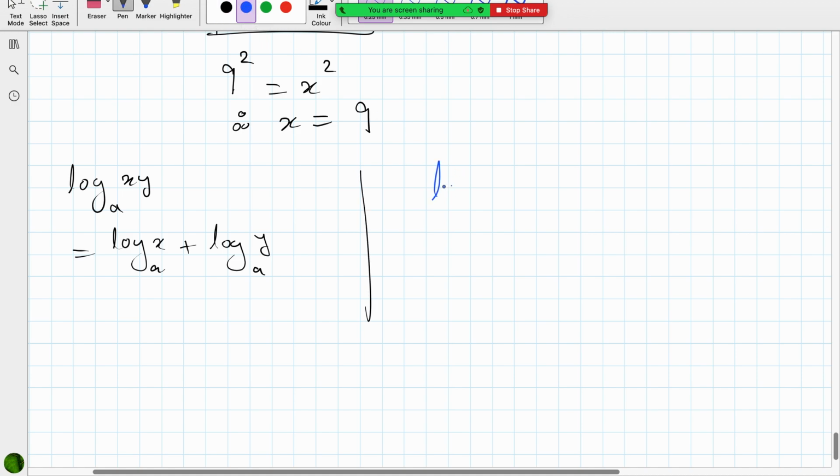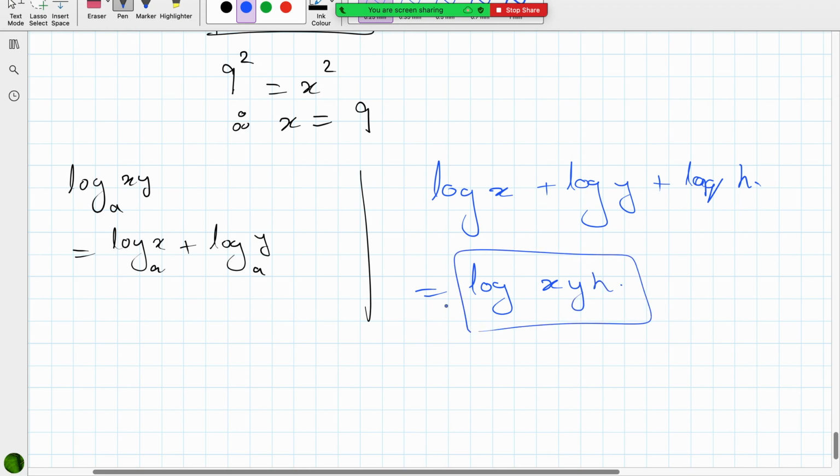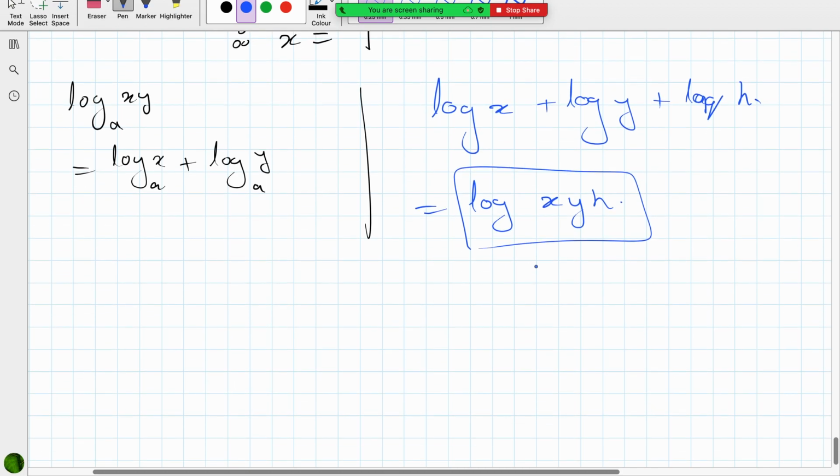For example, if you have log of x plus log of y plus log of h, when you are adding them, this will become log of x multiplied by y multiplied by h. When they are adding up, they multiply when you write them as a single log.